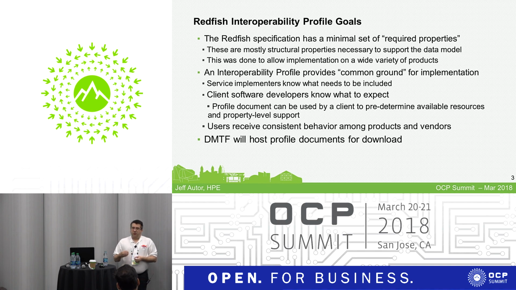So we thought it would be best to have organizational level definitions done for profiles, publish those, provide a tool suite that could test against those, and make this a whole ecosystem, so that we could all nod our heads and say, yeah, this is a good set of functionality for a particular class of product. That common ground is really the goal, for both software developers and end users saying, I want a good managed platform, and if it meets a specific set of Redfish profiles, then it meets those needs.